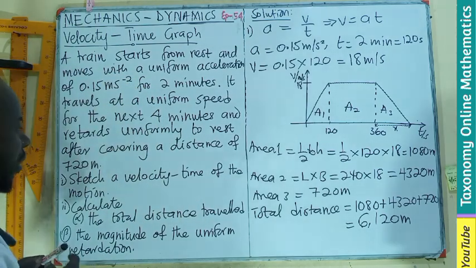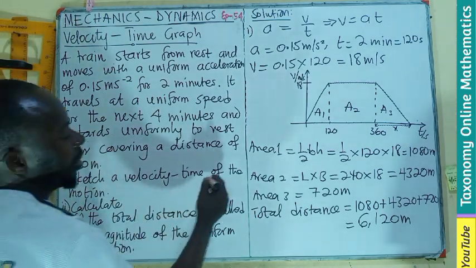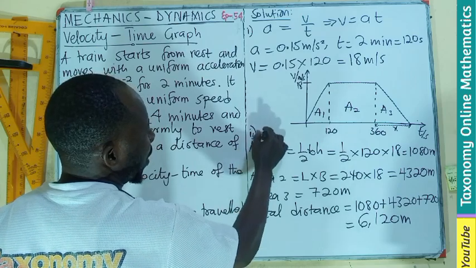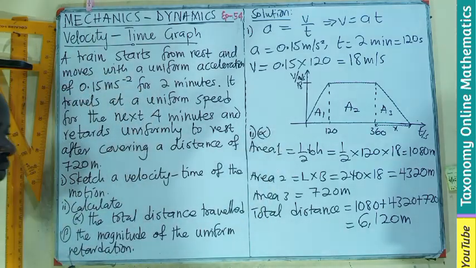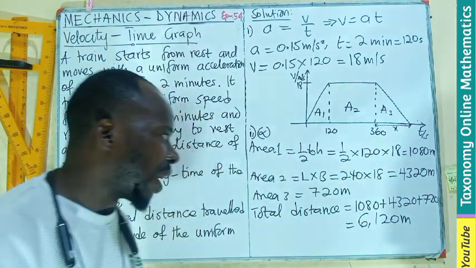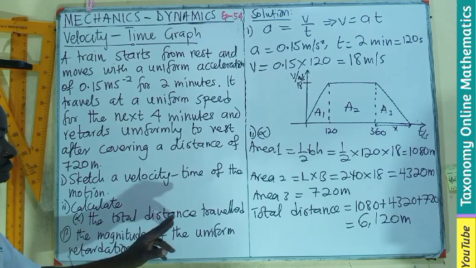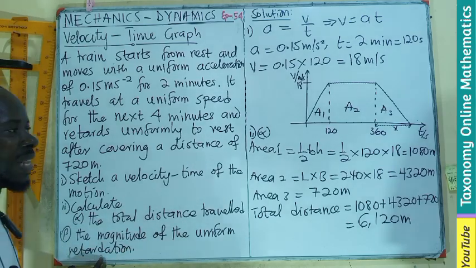So which question are we answering? Roman number 2 alpha is asking for the total distance covered, and the total distance covered is going to be 6,120.